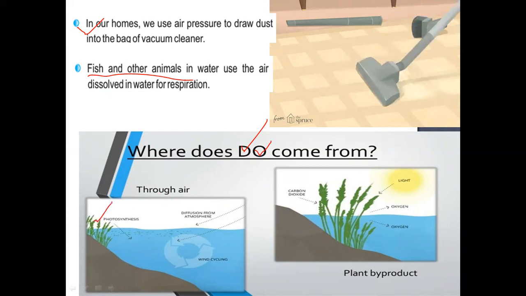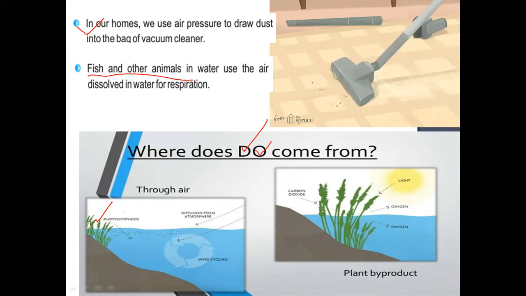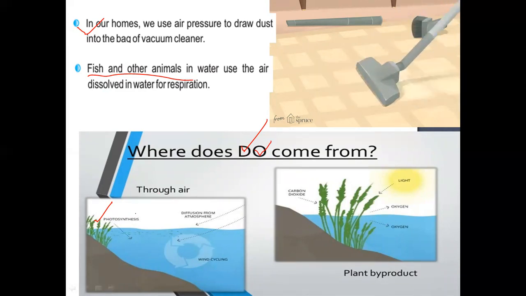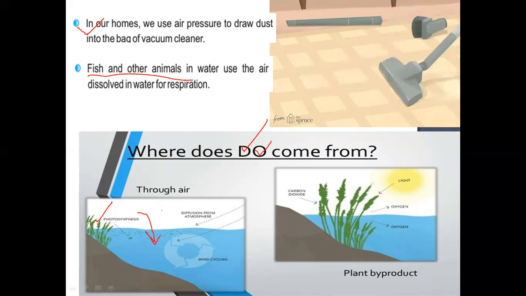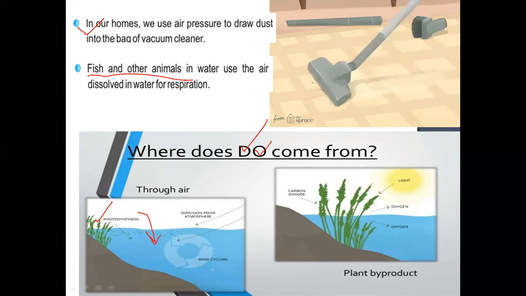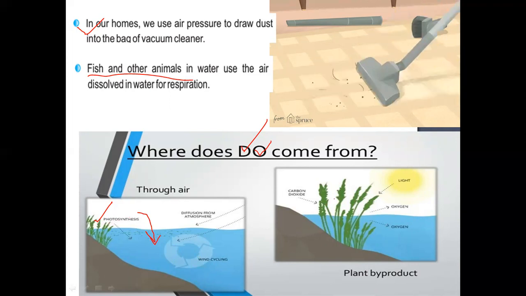Plants do respiration, and plants do photosynthesis. From photosynthesis they release oxygen, and from respiration they release carbon dioxide. So both of the gases are an important part of the air, and they dissolve into the water, and by wind these gases cycle into the water, and the animals and plants living there use those gases.